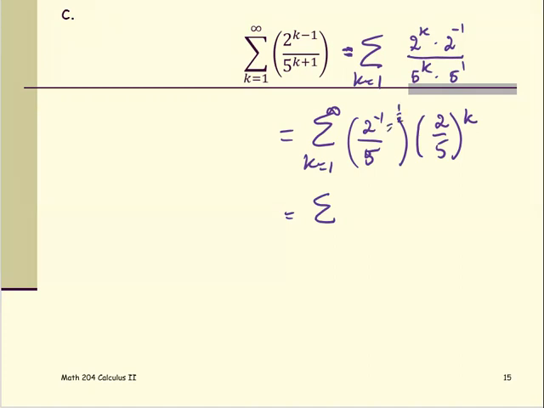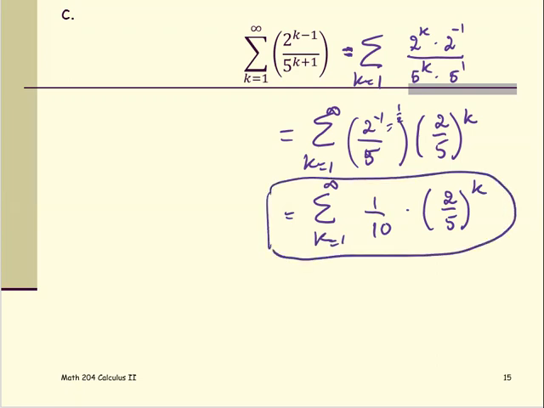And one more time, 2 to the negative first is the same as 1 over 2. Therefore, we have the sigma notation of 1 over 10 multiplied by the quantity 2 over 5 to the power k, k from 1 to infinity. With this form, we can identify a for the first term, as k starts from 1.